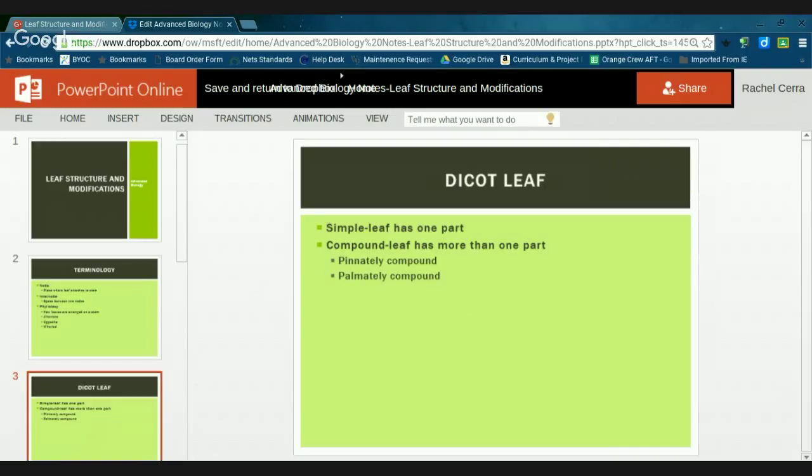The next set are compound leaves to the right, and those are going to have more than one part. As you can tell, you can have either a pinnately compound leaf or a palmately compound leaf.